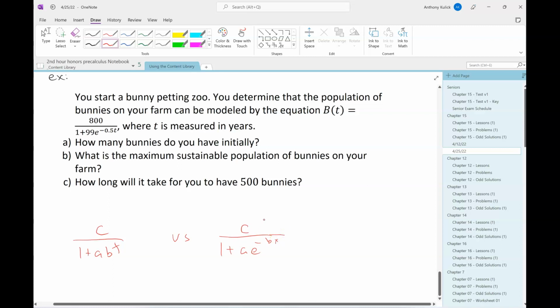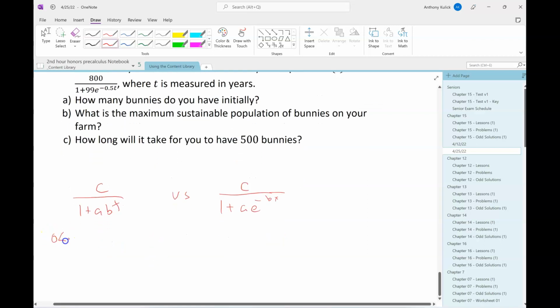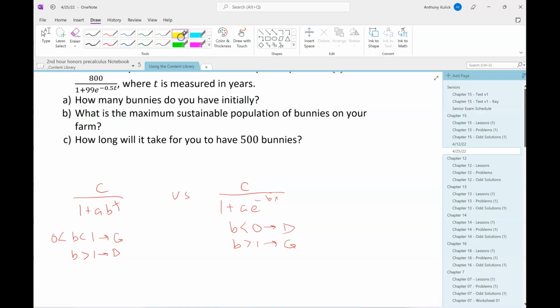Right, these were the two different types of logistics. For this one, since we have the version with E in it, our B value is 0.5.